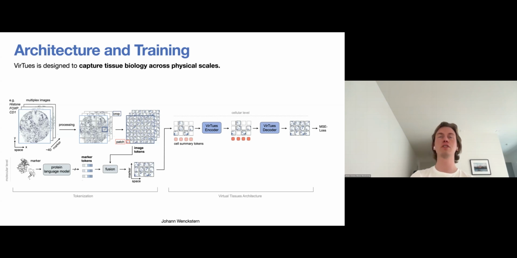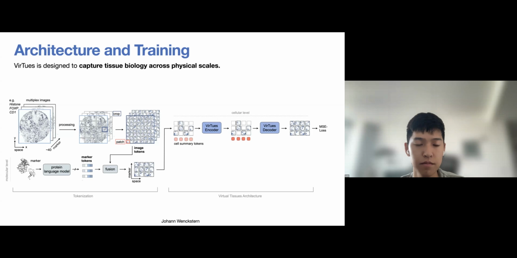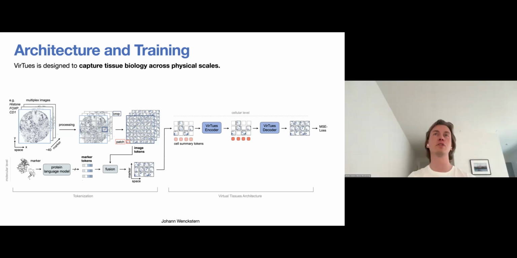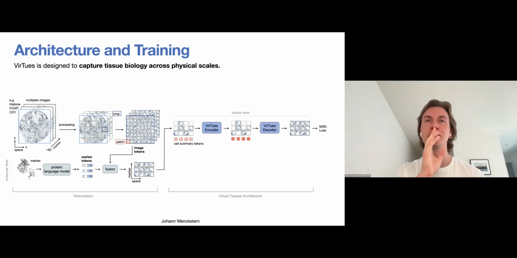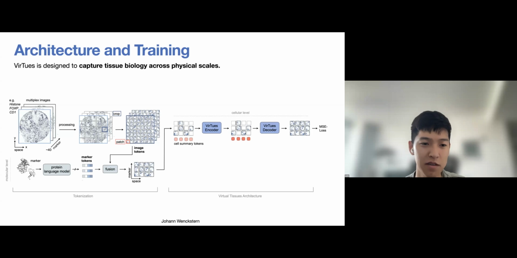We chose the patch size so there's approximately one cell. It's supposed to be the cell level resolution summary, but there's no one-to-one correspondence, unfortunately. Yeah, makes sense. Thank you. So another good expression would be to call them patch summary tokens here. Okay, makes sense.